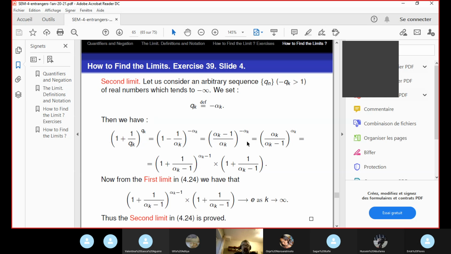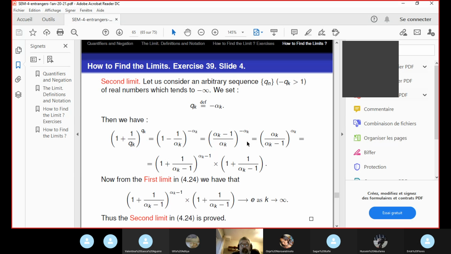So if I take the next line, if I take 1 plus 1 over q sub k, where q is negative, to the power q sub k, then I replace my q sub k by alpha sub k. So it will be 1 minus 1 over alpha sub k to the power minus alpha sub k. This is only by the definition of my quantity q sub k.